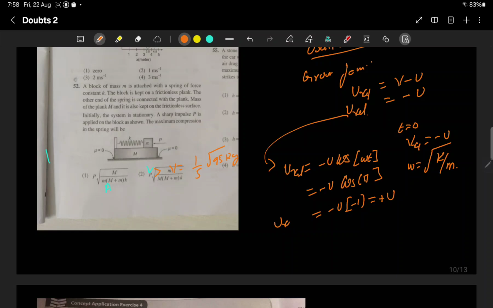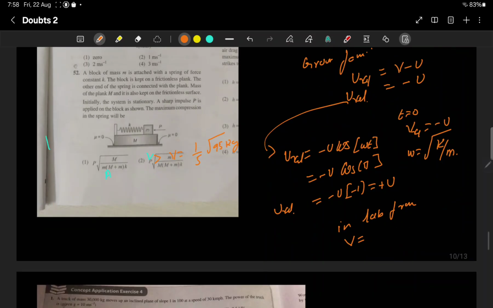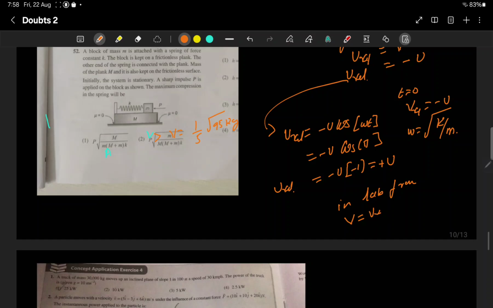If we are getting the relative velocity as plus u, then in the lab frame what will be your v? If I bring this to the left-hand side, I'll get v equals u relative plus u, so u plus u, which is 2u. This is the maximum possible velocity of the block.